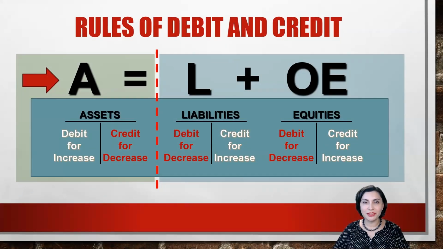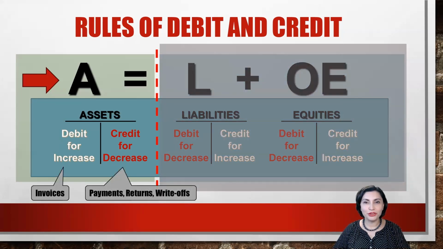Accounts receivable is an asset account. It is increased by debit and decreased by credit. When you record an invoice, accounts receivable is increased. Accounts receivable is decreased when you record a payment, a return, or write off uncollectible invoices. For accurate calculations, you will need to gather data on all transactions related to accounts receivable, including invoices, payments, and credit notes.